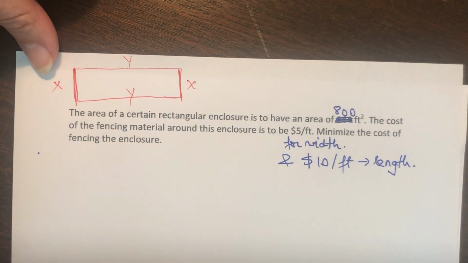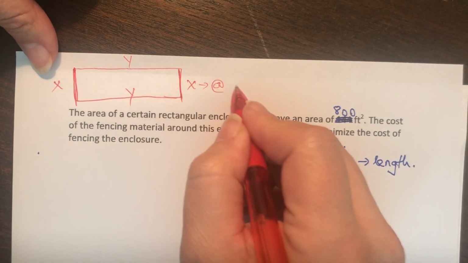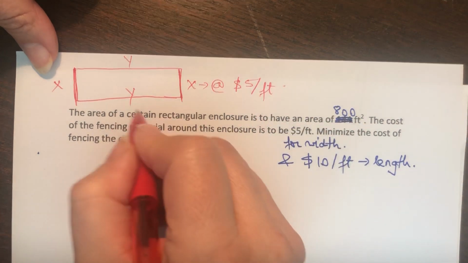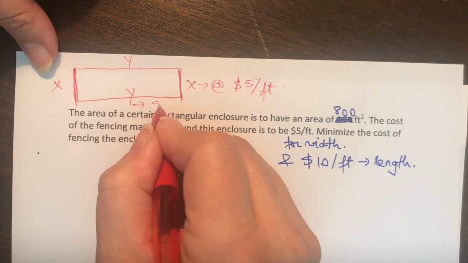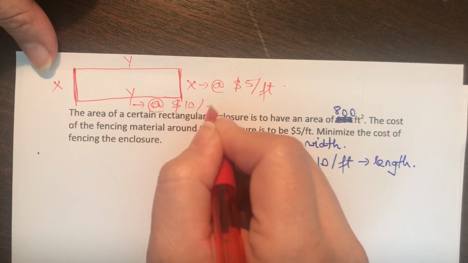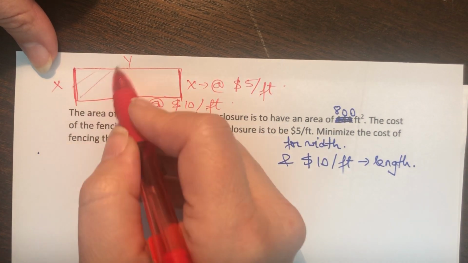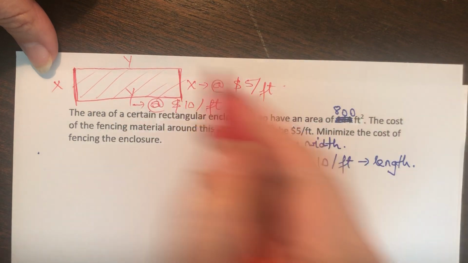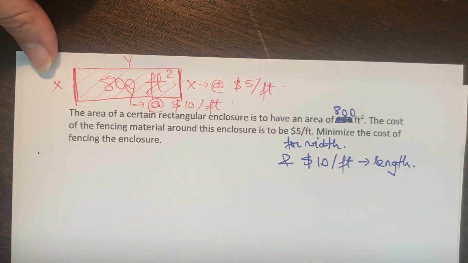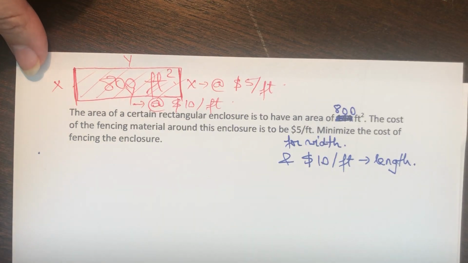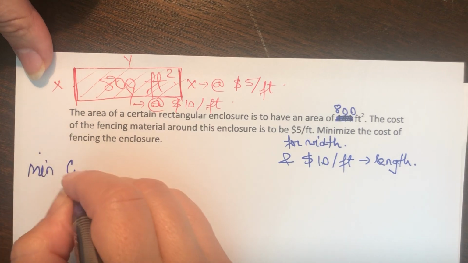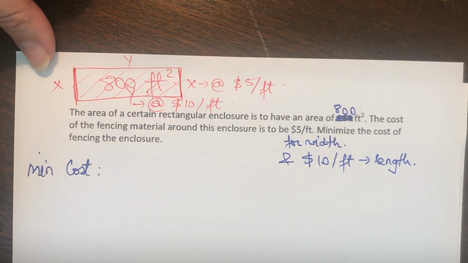We know the width goes at $5 a foot, and the length goes at $10 a foot, and the area of this whole thing is given to be 800 square feet. All right, so what do we want to do? We want to minimize the cost of this enclosure.